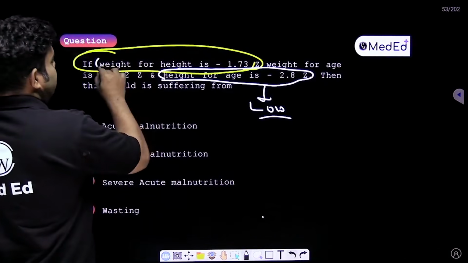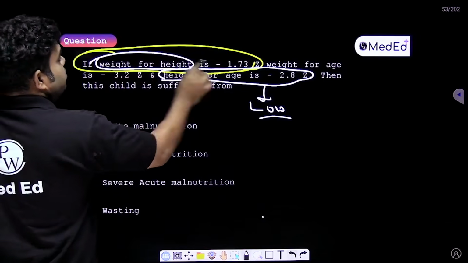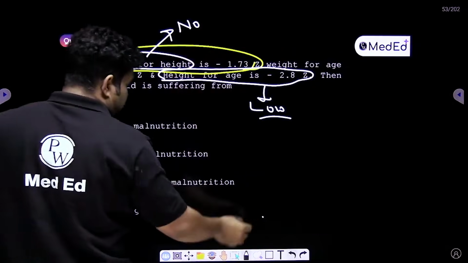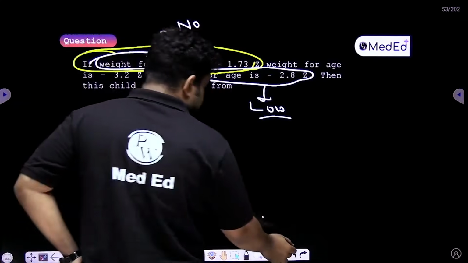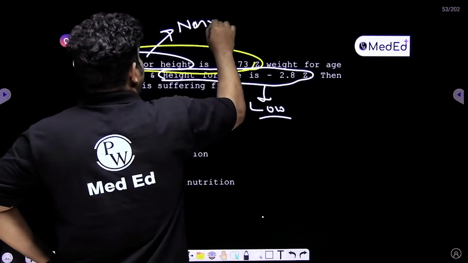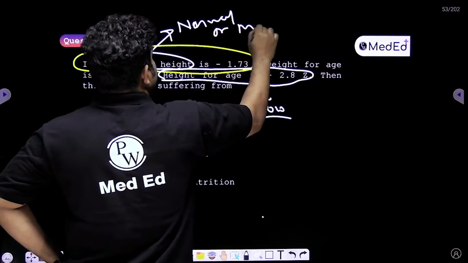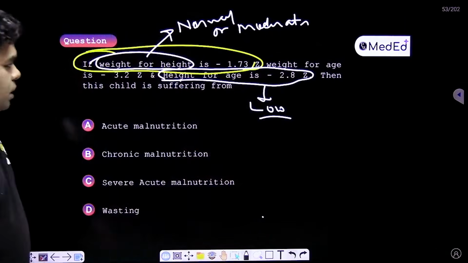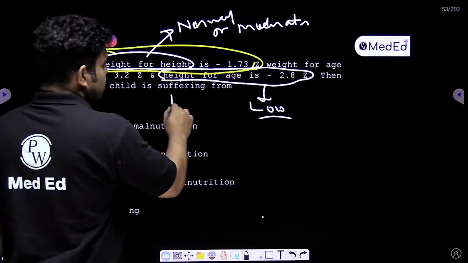Weight for height is -1.73. That means weight for height is normal or moderate. Weight for height is not the main problem. Main problem is height for age. Height for age is low.